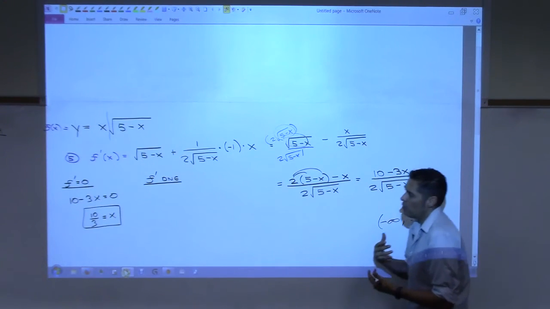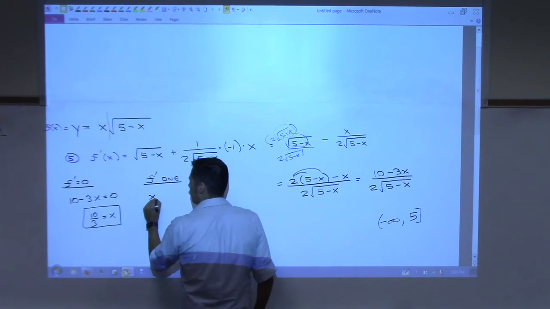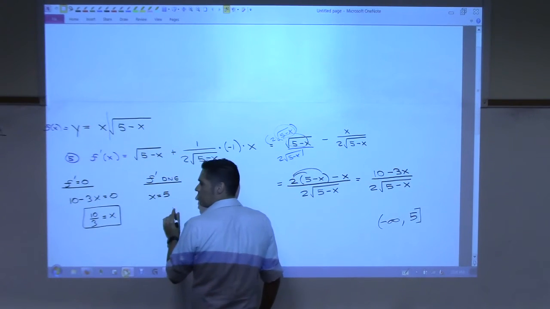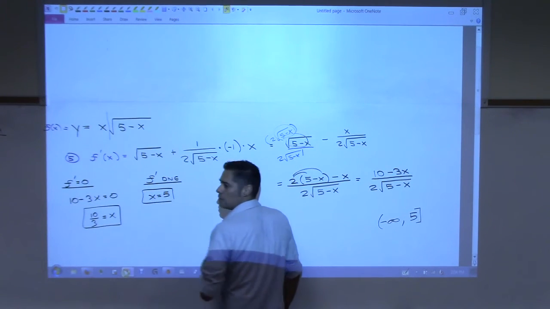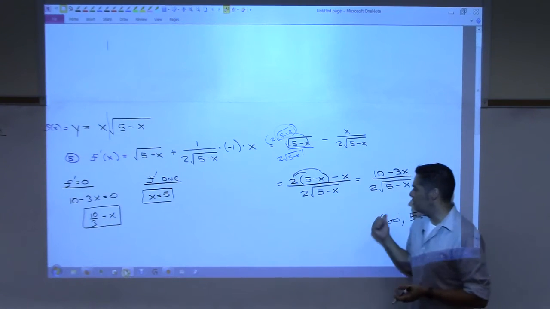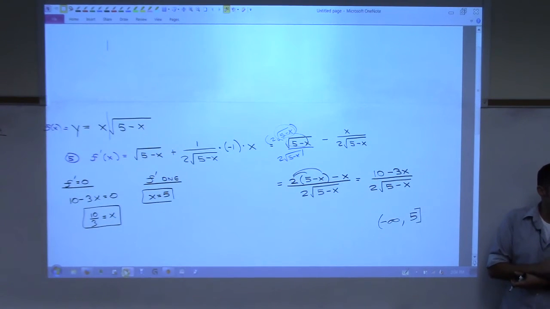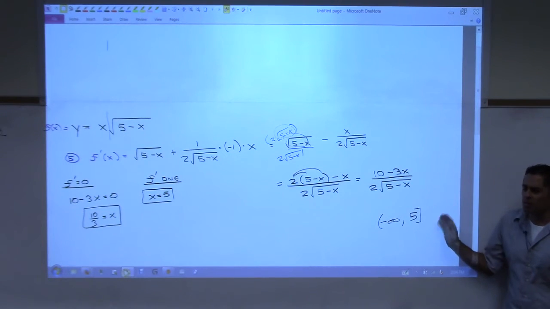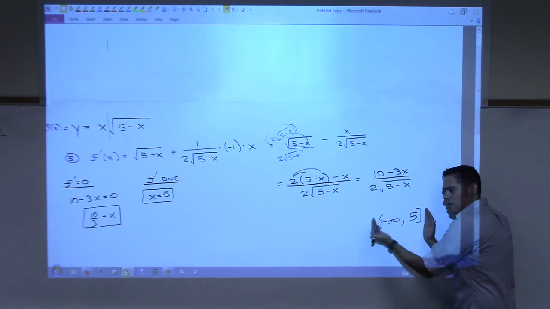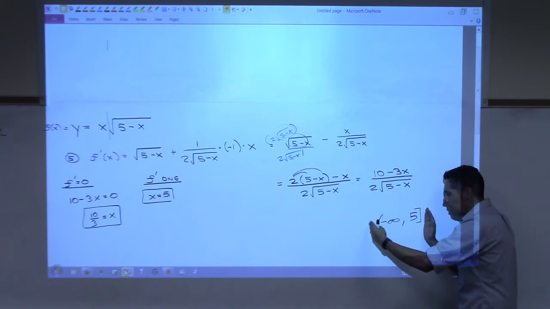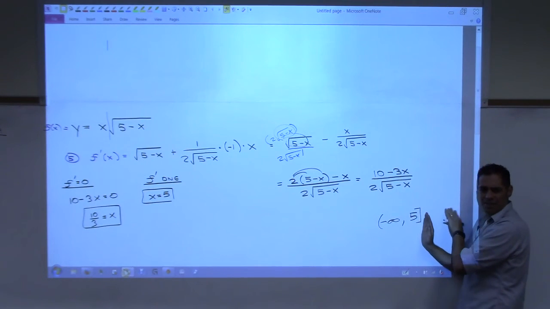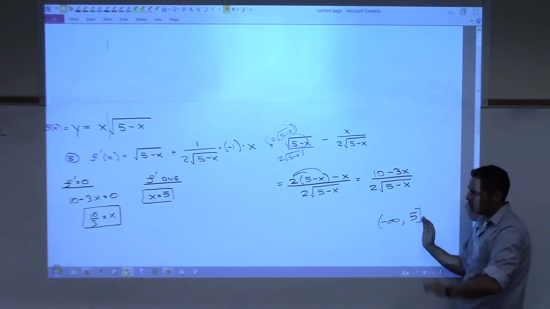But all that's important to us is that x equals 5 is an interesting point, right? It's an interesting point because it's a place where my derivative is undefined. I don't need to consider anything else because I'm locked in here, right? I can only be in here because of the original function's domain. It makes no sense for me to look over here at 6 or anything else.